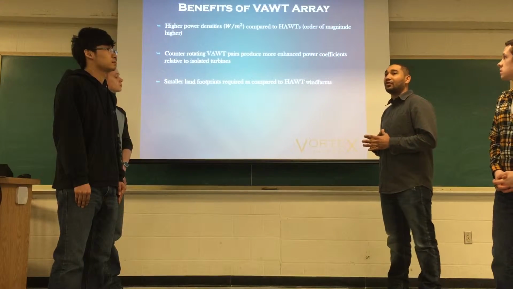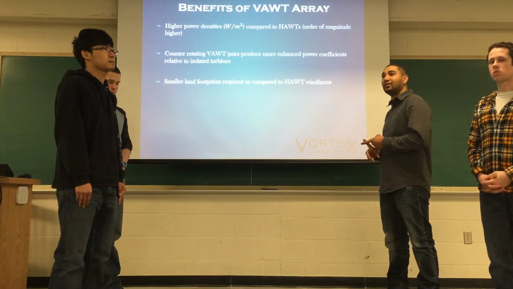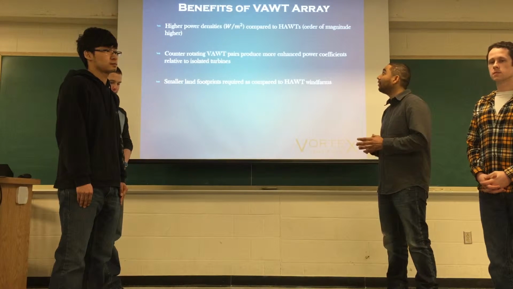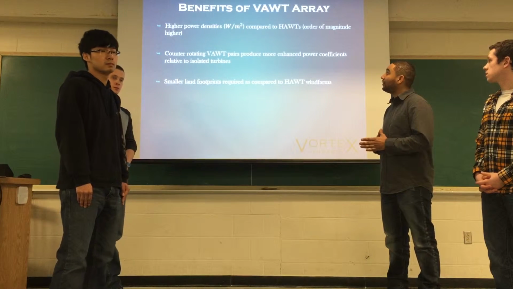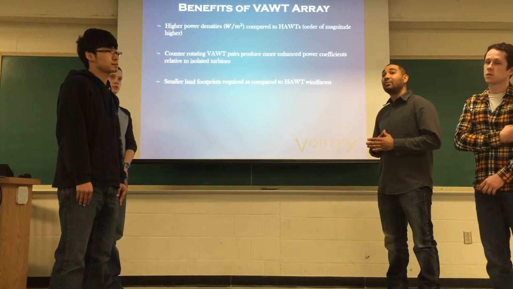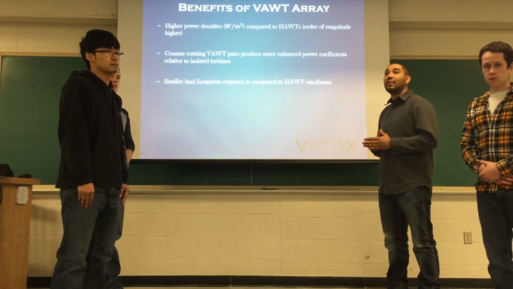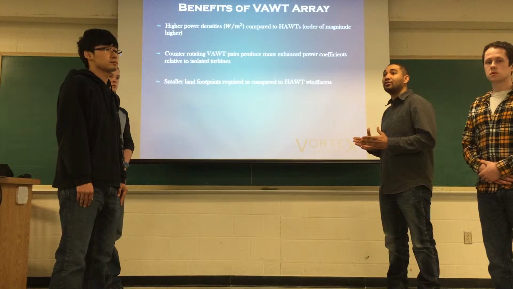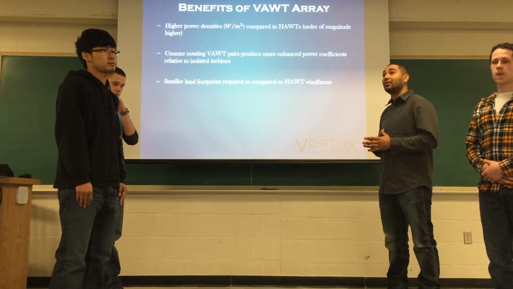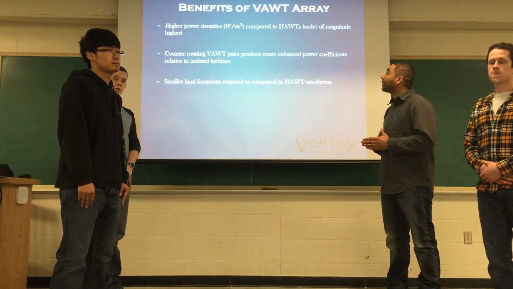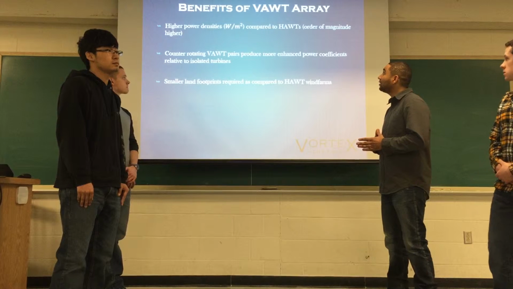So what are the benefits of a vertical axis wind turbine array over what we currently have, which is the horizontal axis wind turbine array or a single vertical axis wind turbine? Well, the first benefit is that a vertical axis wind turbine array has higher power density. This is basically the amount of power that can be produced per square meter within the wind farm. Compared to the horizontal axis wind turbine array, this increase in power density is sometimes up to an order of magnitude higher.